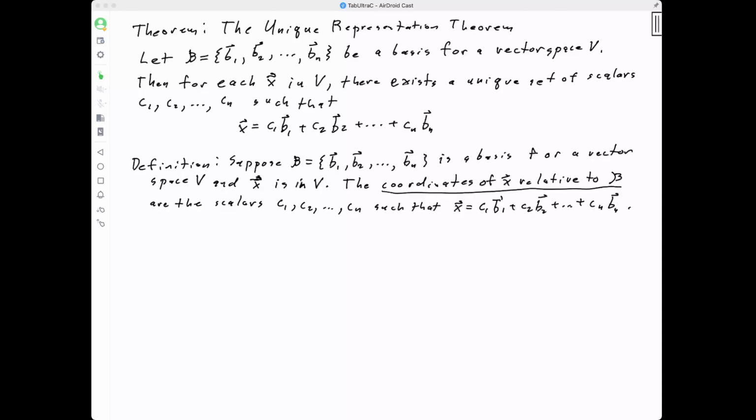And so we would write this as the vector x relative to the basis B can be written as C1, C2 through Cn.